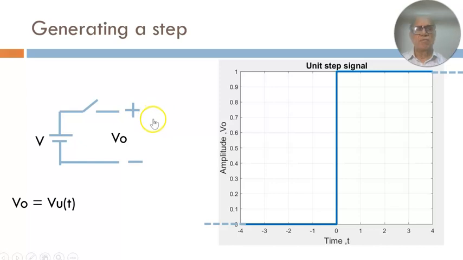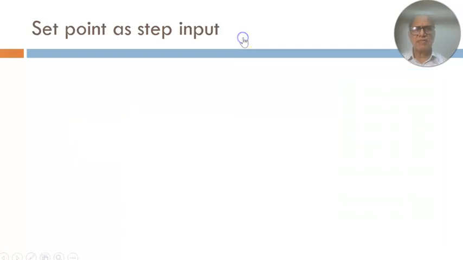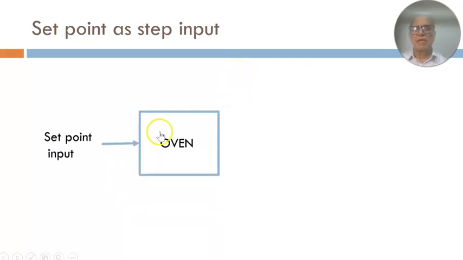All right. However, this is not the only way a step can occur. Let's see one more example. So set point also can be used as a step input. And let me give you a specific example of this. Consider the temperature control of an oven. Usually there will be a knob which will allow you to set the set point.